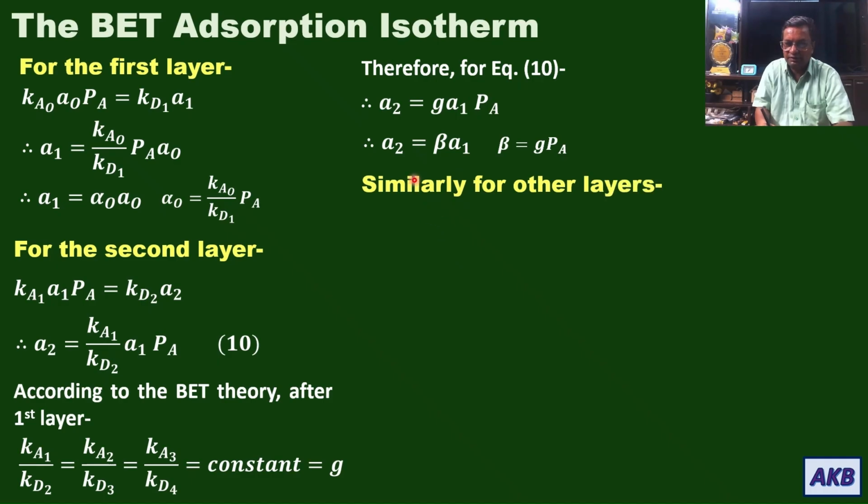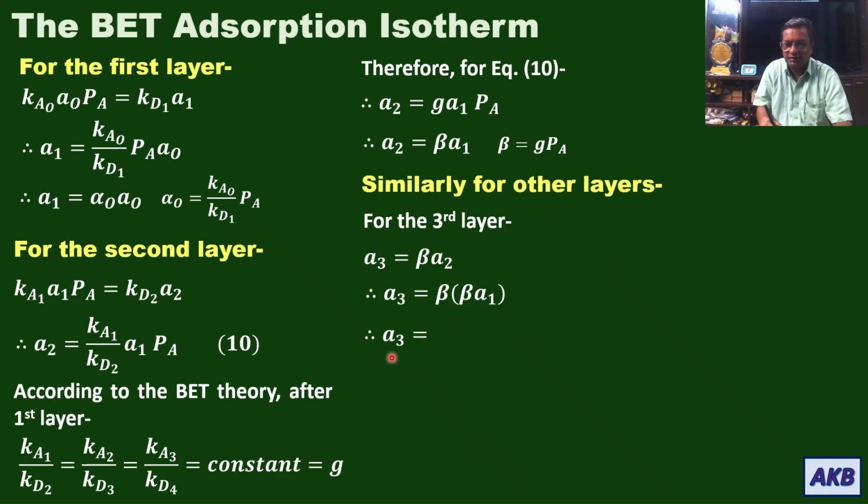And so we can write similar equations for the remaining layers. For the third layer, the equation will be written as A3 is equal to beta into A2. But we have the equation for A2, and if I replace that, it will be A3 is beta into beta into A1.